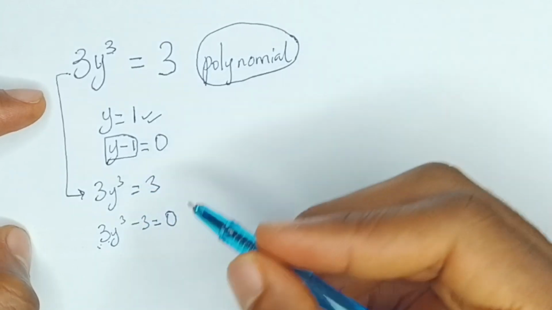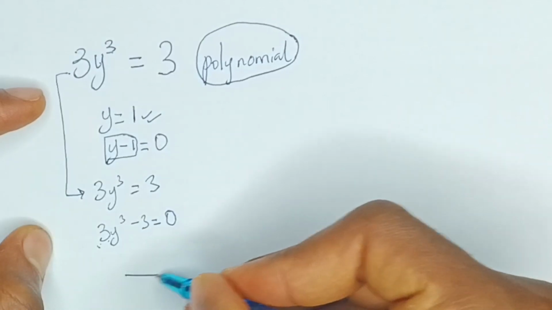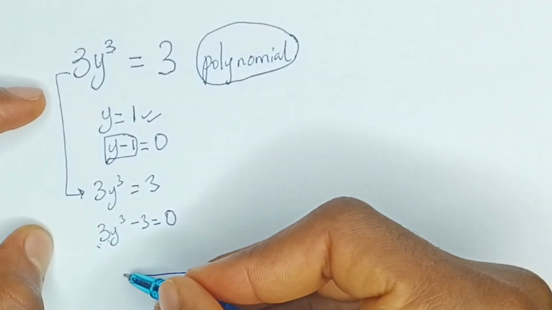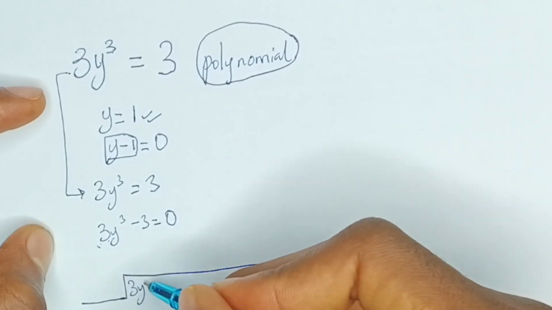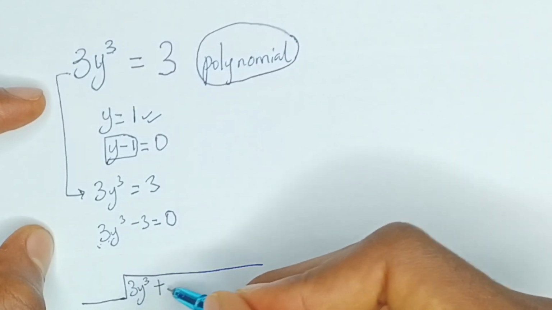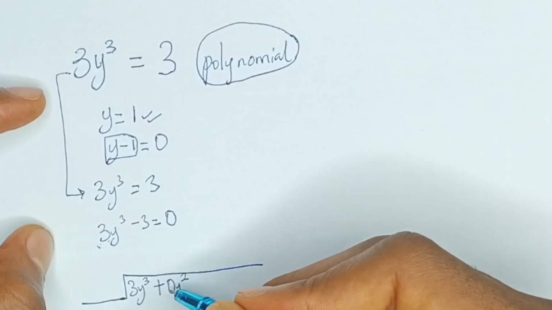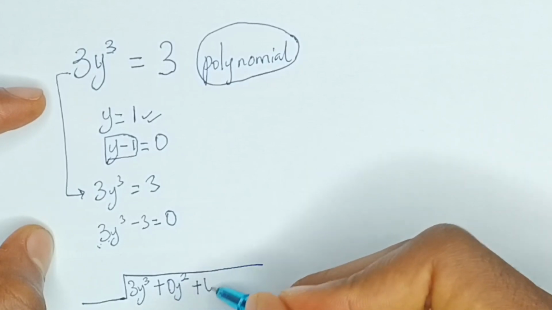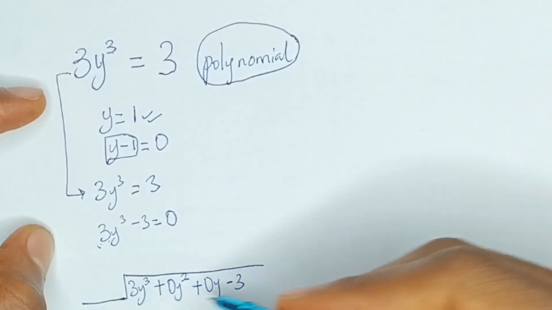And how do I do this division? I can just express this as an equation here. So in my long division, I can say that 3y raised to power 3 plus 0y squared, because 0 times anything must give me 0, plus 0y minus 3, is now what I have here.